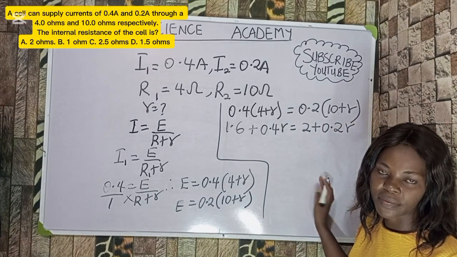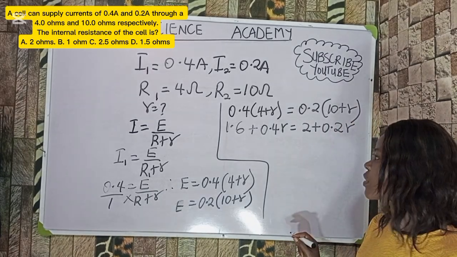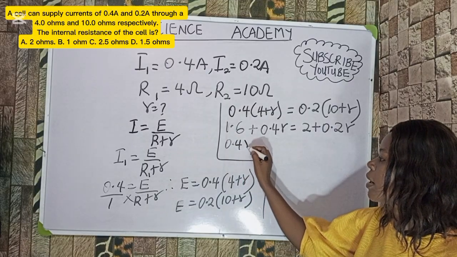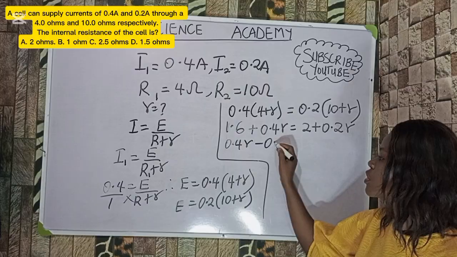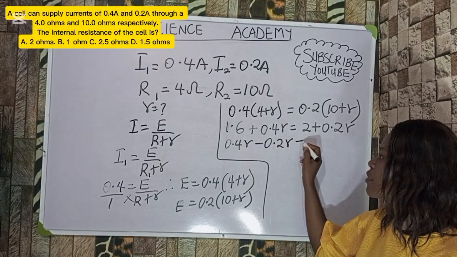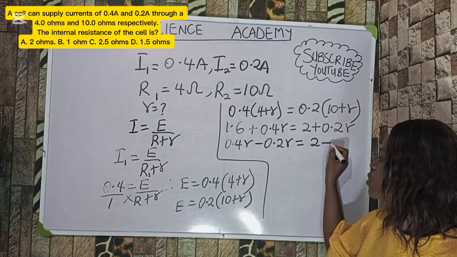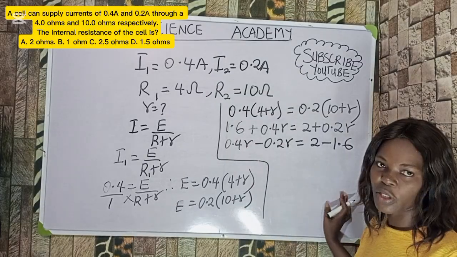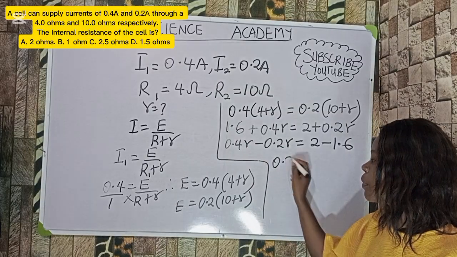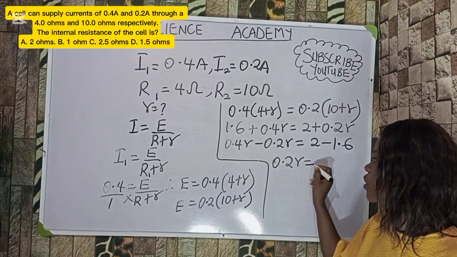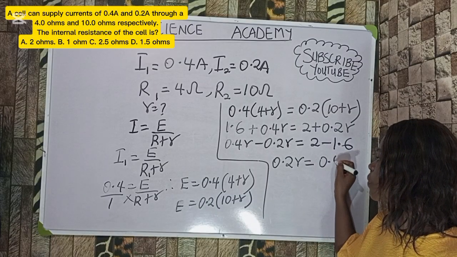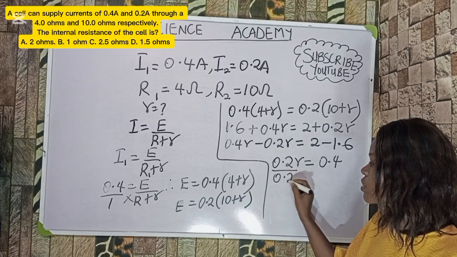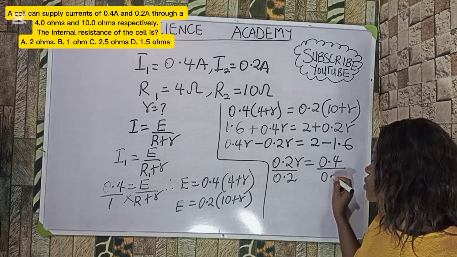Do you understand? Let's proceed by collecting like terms: I have 0.4r minus 0.2r is equal to 2 minus 1.6. By the time you subtract, you're going to have 0.2r is equal to 0.4. So we divide both sides by 0.2.